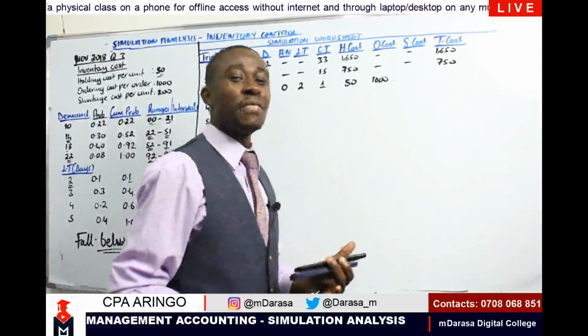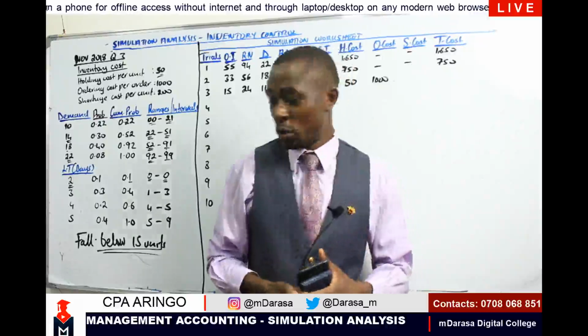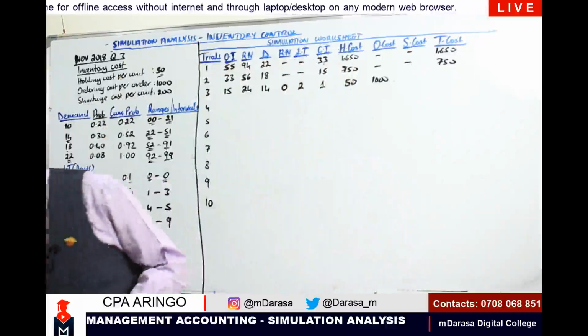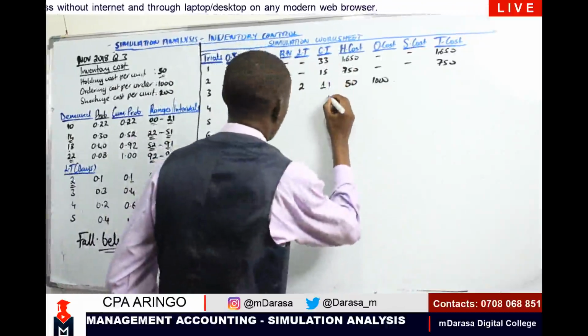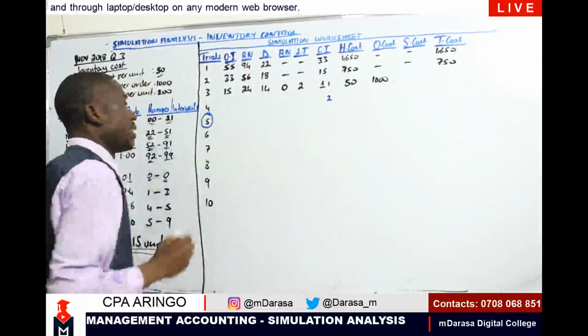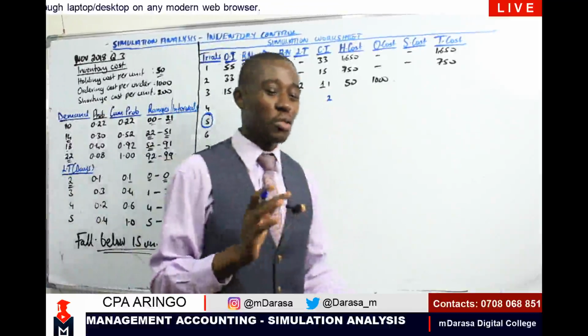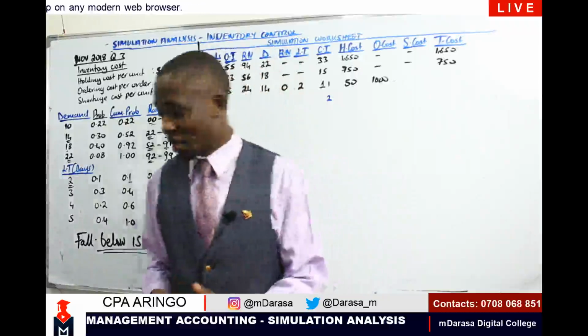Meaning that after we've ordered these goods, I'm going to receive them after 2 days. I should be having day 1 when we made an order and day 2. So I'm going to receive the goods on day 5. So be very keen with that.